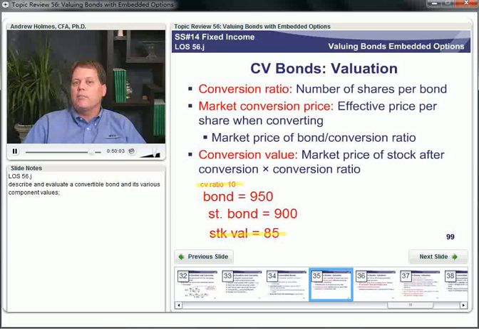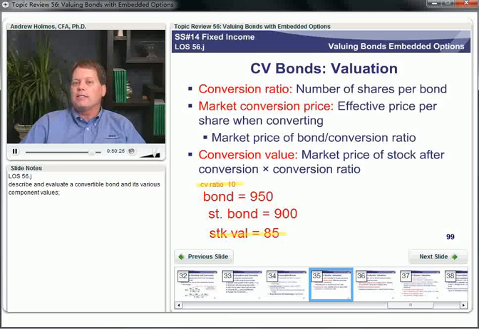Let's say that the bond has a coupon, and we're going to call it 5%. I'm just going to put that in here to remind us, 5% coupon. So what does that tell us? If we start looking at the conversion metrics, the conversion ratio is 10. The market conversion price is the effective price when you're converting.